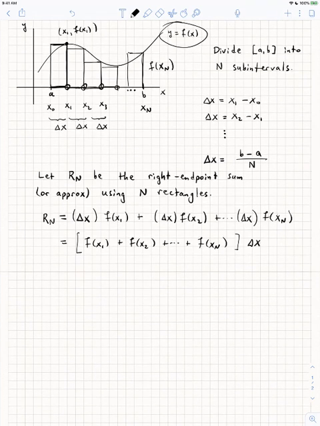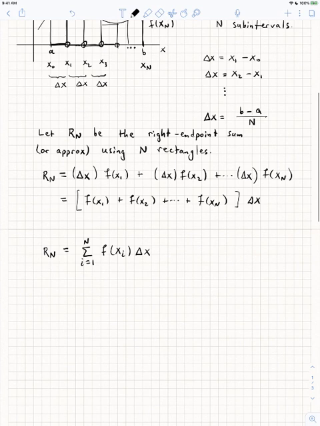We're also allowed to use summation notation, in which case we have R sub n is equal to the sum. So we write the sigma symbol, the Greek letter sigma, and the things that we're adding up look like f at x sub i times delta x, and i goes from 1 to n. We're adding up n objects. This is the right hand or right endpoint approximation, or the right endpoint sum.